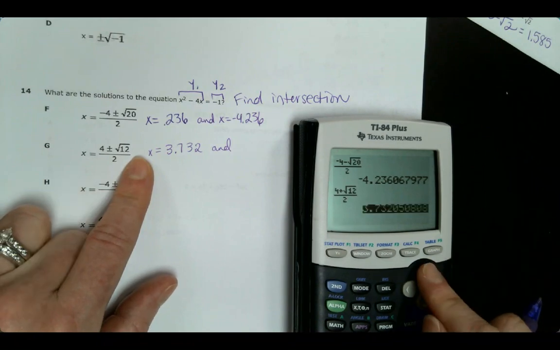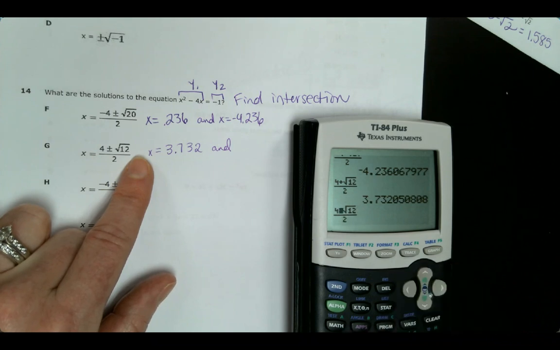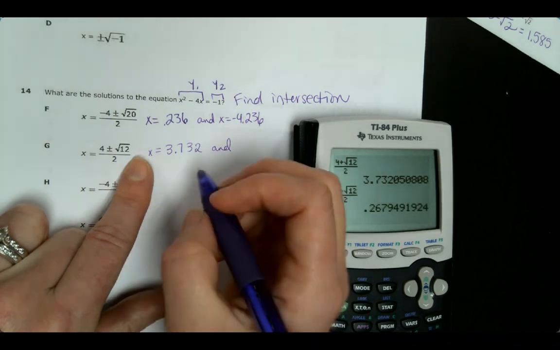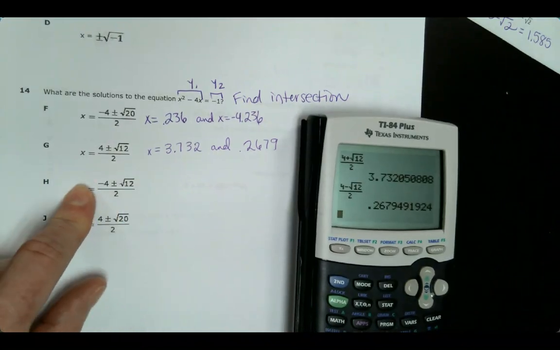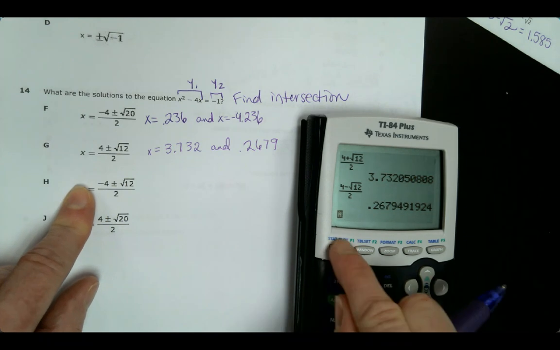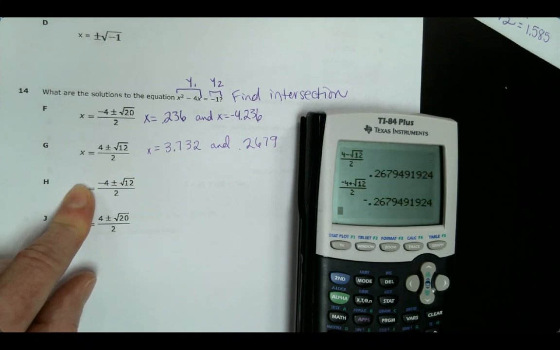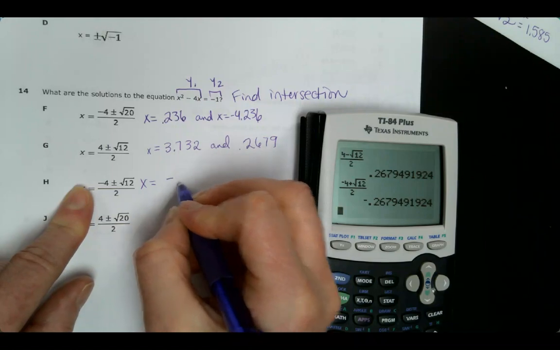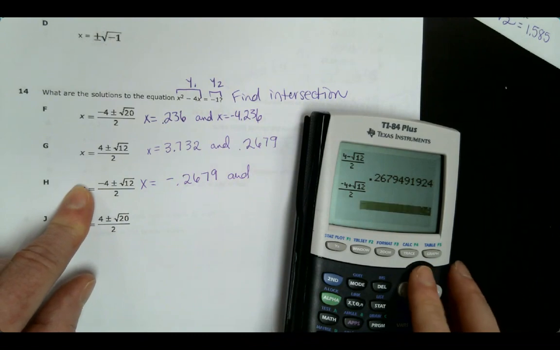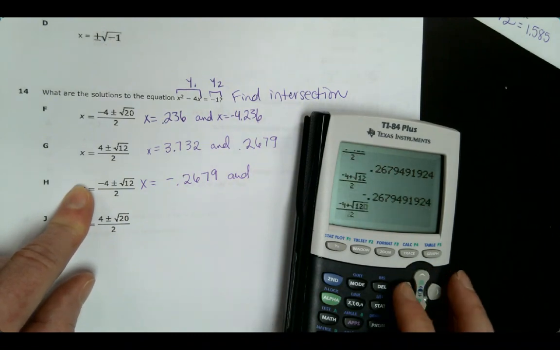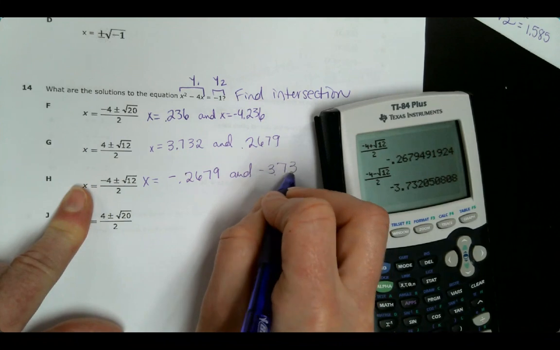And what I'm going to do is I'm going to arrow up, push enter, and change this to a minus. 0.2679. Now this one is negative 0.2679, and I'll arrow up, change the plus to a minus, negative 3.732.